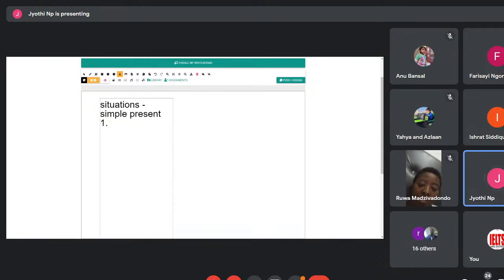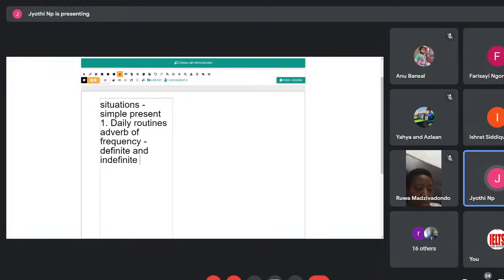Okay. So now, whenever we want to talk about our daily routines, we usually use the simple present tense. And whenever we talk about the daily routine, we also use adverbs of frequency. These can be of two types: one is definite and one is indefinite.